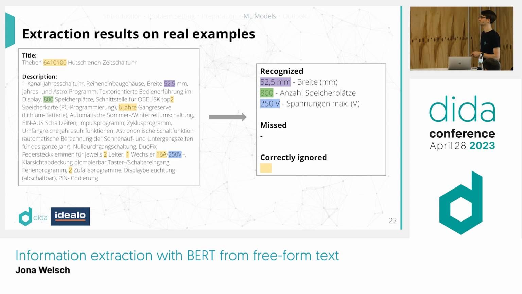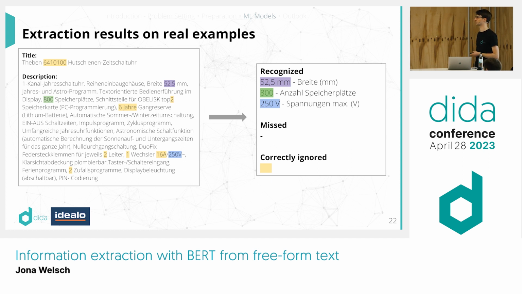And you see, this time I've recognized everything correctly. I do not miss a number which we're interested in. And also, you see that there are a lot of numbers in yellow in here which I ignored correctly, which is also a relevant thing. I don't want to list numbers which don't play a role in my product catalog.